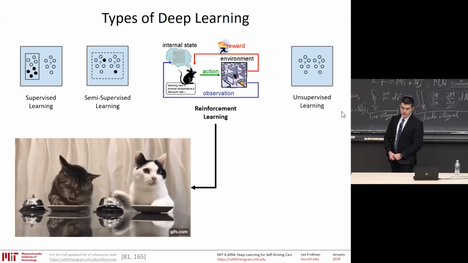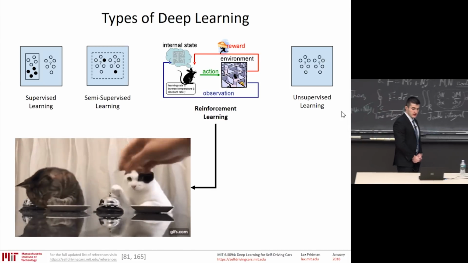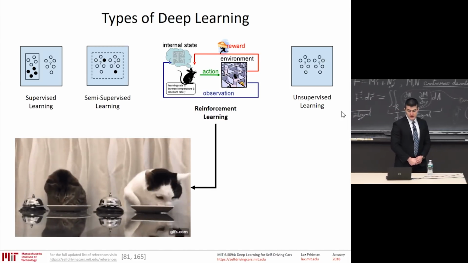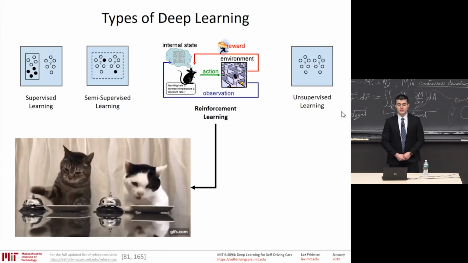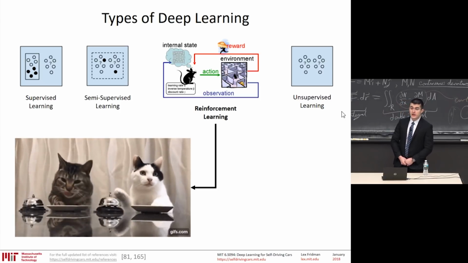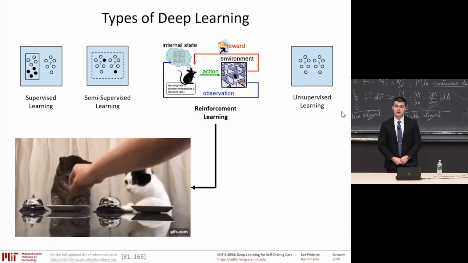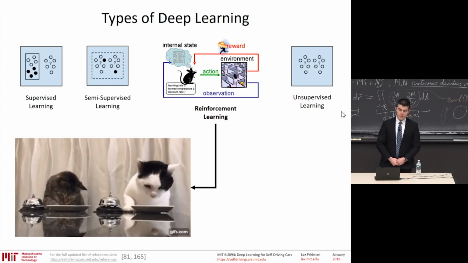There's 3 types of machine learning. Supervised and unsupervised are the categories at the extremes relative to the amount of human input that's required. For supervised learning, every piece of data that's used for teaching these systems is first labeled by human beings.